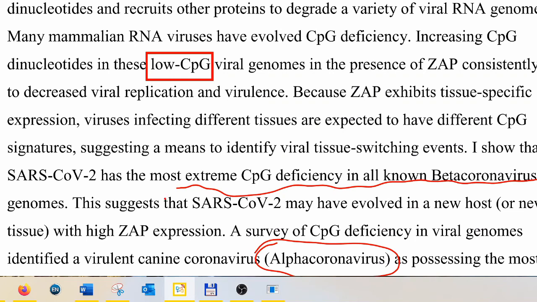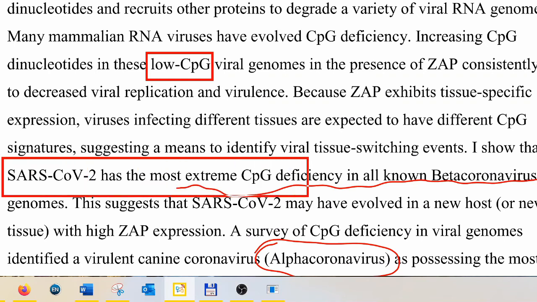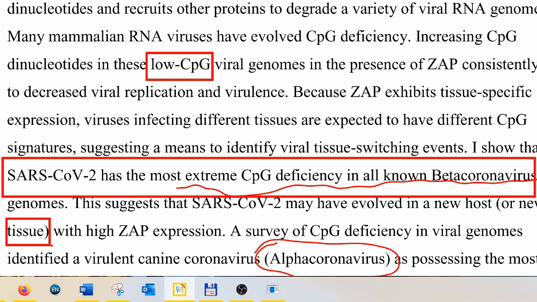So SARS-CoV-2 has the most extreme deficiency among all beta coronaviruses. And it suggests that SARS-CoV-2 may have evolved in a new host or new tissues, being transferred from tissue to tissue and so on. That would result in the high CpG deficiency in the virus as stated in this paper.